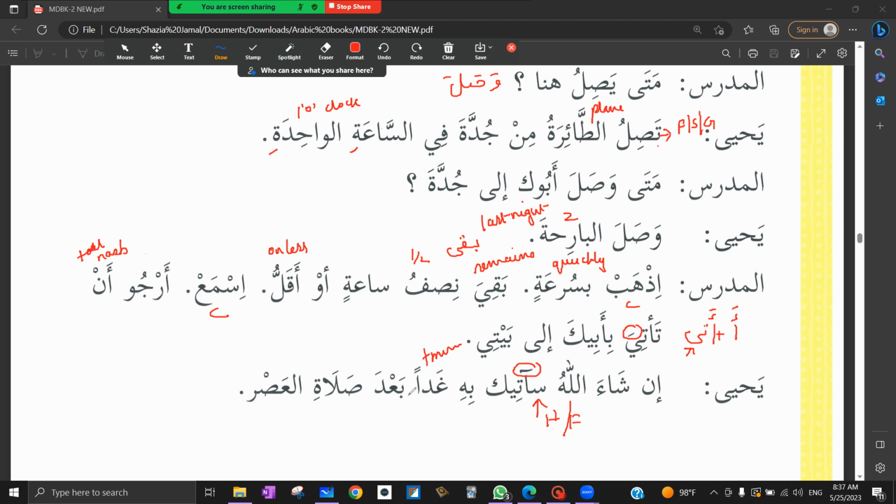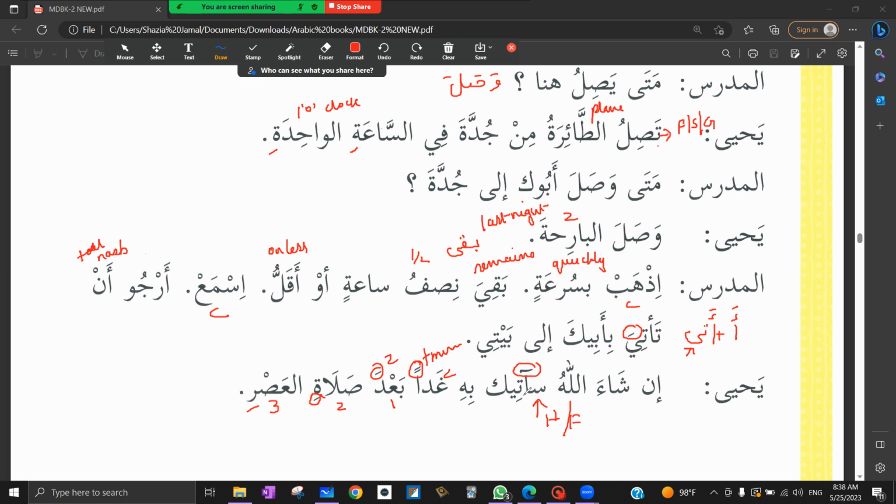This is also a zarf. That's why it has the fathatain. Ba'da, this is also a zarf. Ba'da salati, due to this zarf, it has a kasra here in the majroor case. Ba'da salatil asri. So this is also a triple construction. Why? Because three nouns are involved here. So, بعد صلاة العصر.